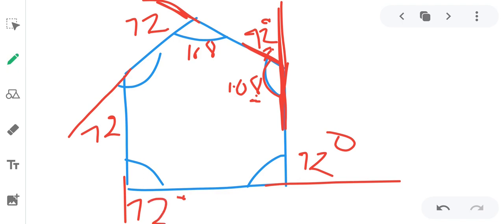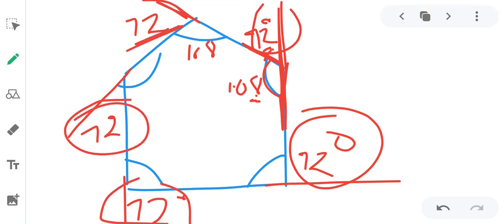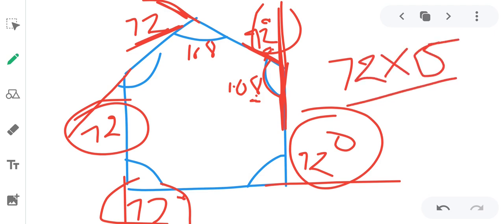Now what we have to do is add up these external angles: 72 plus 72 plus 72 plus 72 plus 72. That means 72 into 5. 72 into 5: 5 twos are 10, 5 sevens are 35, so 360 degrees.